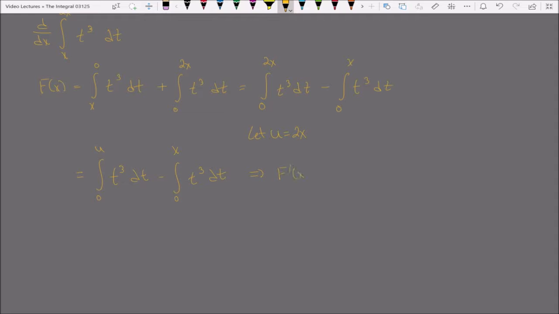This now means the derivative of F, which is d dx of our original integral, will be u cubed times u prime by chain rule minus x cubed. Now, u was 2x, so this is 8x cubed times 2, then minus x cubed. It's 16 minus 1, and we get 15x cubed as our derivative.